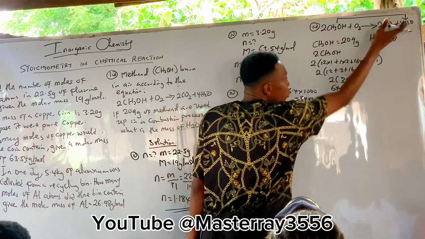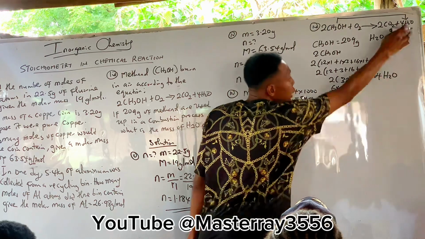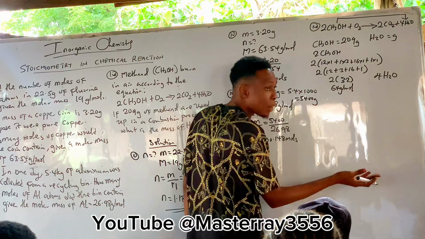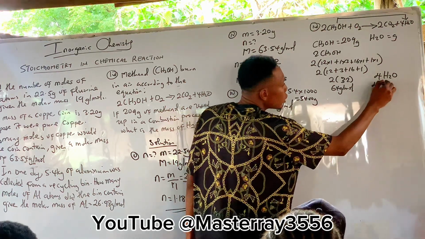For this one, we are given 4H2O, is it not? Since it's 4H2O, you use 4 to multiply everything.